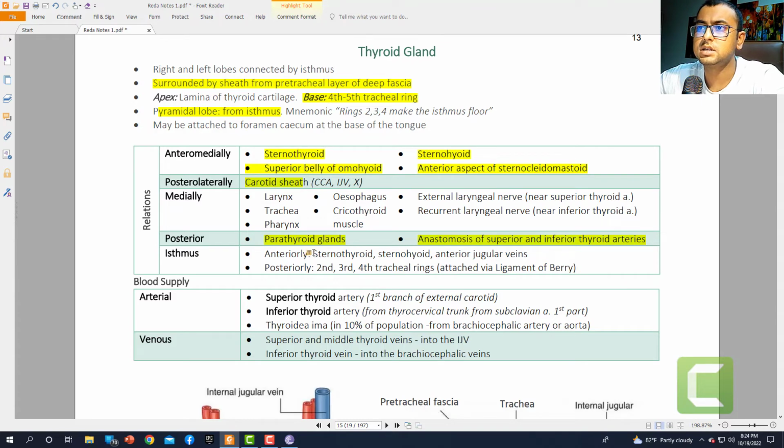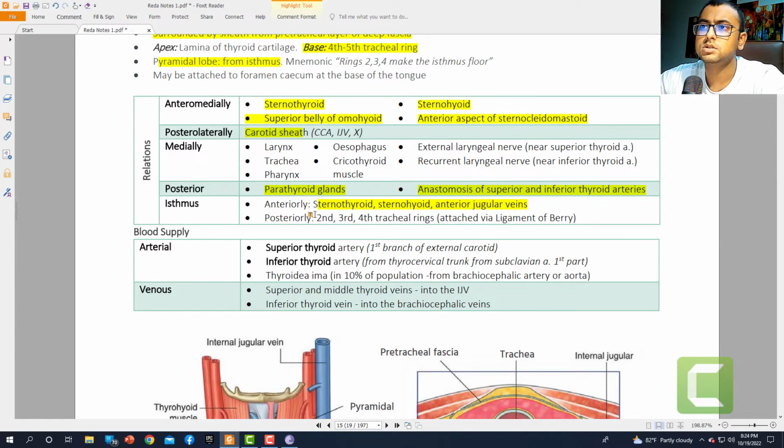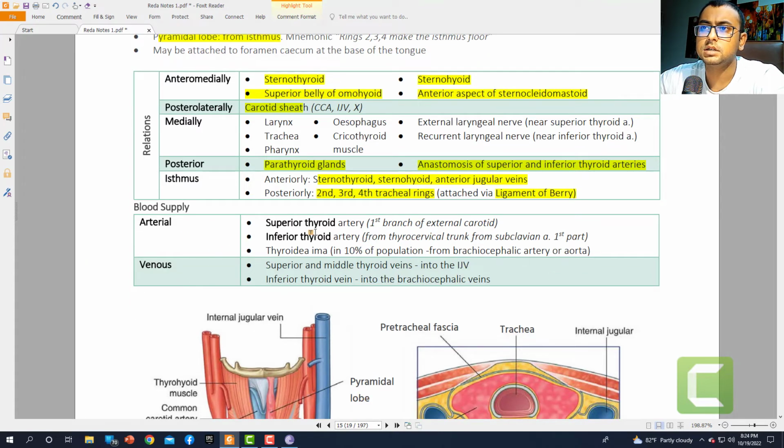Isthmus, that is anteriorly sternothyroid, sternohyoid, anterior jugular veins, posteriorly 2nd, 3rd, 4th tracheal ring, attached by the ligament of Berry. Okay. And the arterial supply: superior thyroid artery, first branch of the external carotid, and the inferior thyroid, that is thyrocervical trunk from subclavian first part.